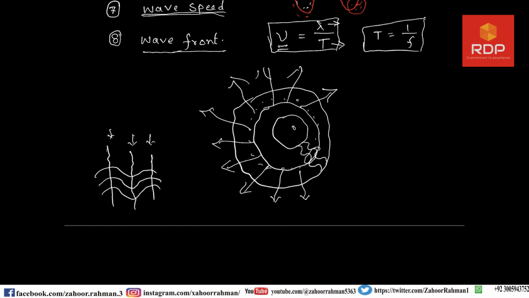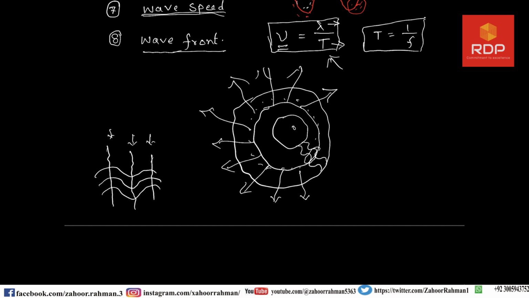So we discuss a very important mathematical formula. In a time of one period, a crest will have moved a distance of one wavelength. Therefore, the speed of the wave v is given by this formula.